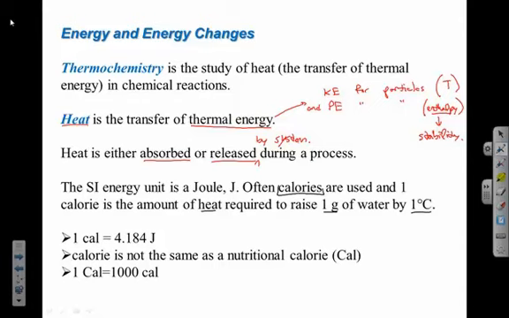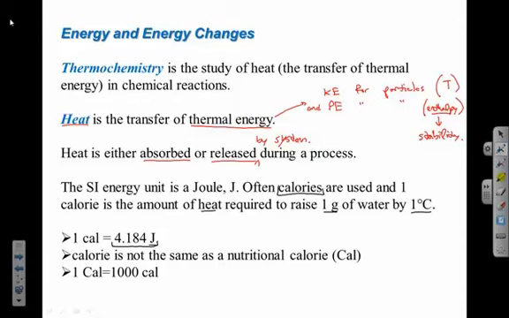The metric unit is the joule, and a joule is about 4 times more than a calorie. So primarily we'll be using joules, but a lot of scientists still use calories, so the relationship between them is something you might use at some point in the future.